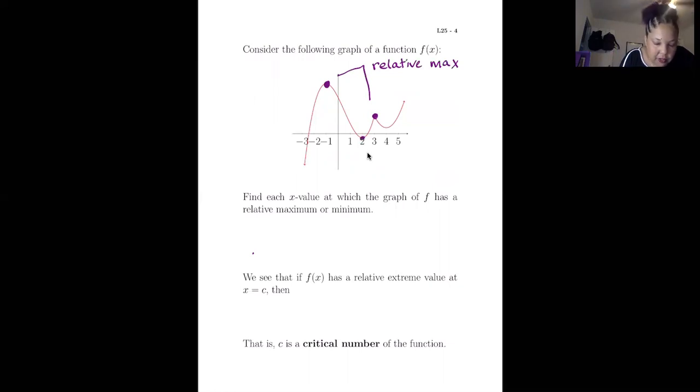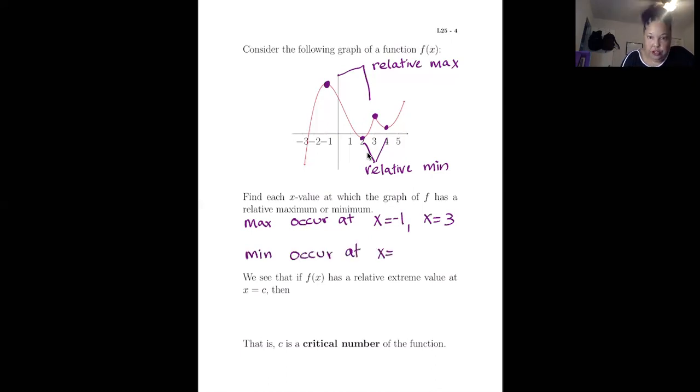So here is a relative min and here is a relative min. So I have maxes that occur at x equals -1 and x equals 3. And I have minimums that occur at x equals 2 and x equals 4.